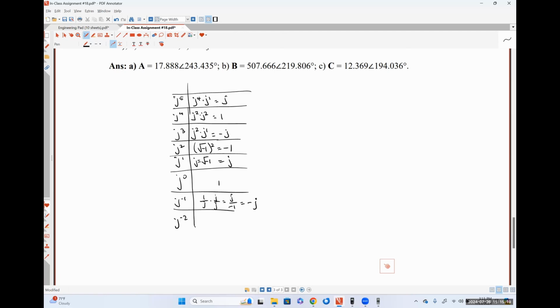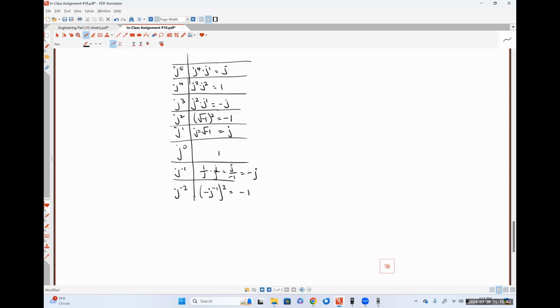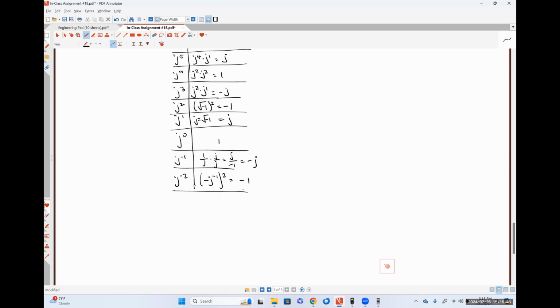j to the -2 is just j to the -1 squared, which is going to be -j times -j, which is +j squared, which is -1. j to the -3 is j to the -1 times j to the -2.